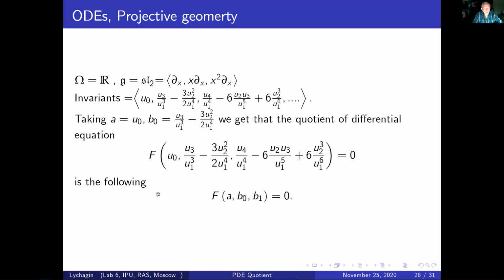And so the last example with ordinary differential equations is the projective group, SL2. So then just below the list of invariants, we have one of order 0, one of third order, and one of fourth order, etc. So once more, if you take A to be equal to U and B to be the second invariant, then you will see that if you take a differential equation that is projectively invariant, it should be at least of order 4.